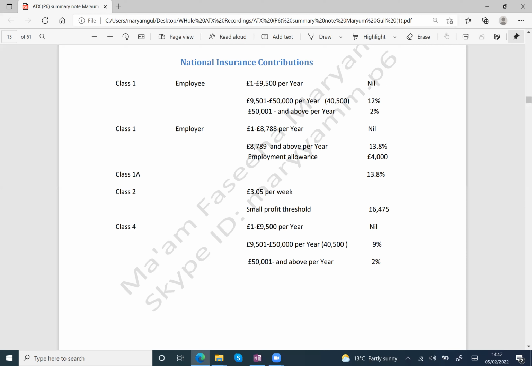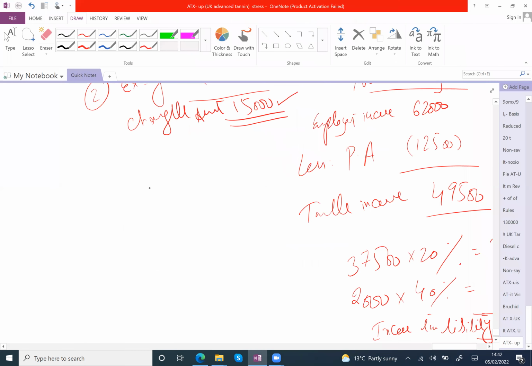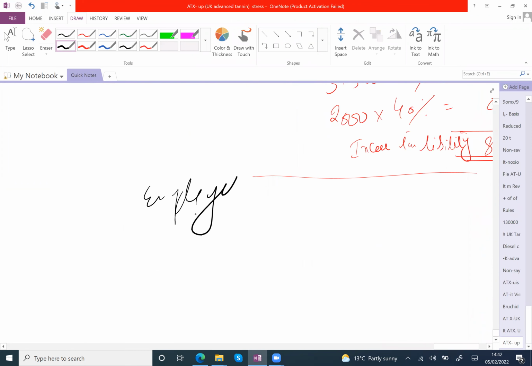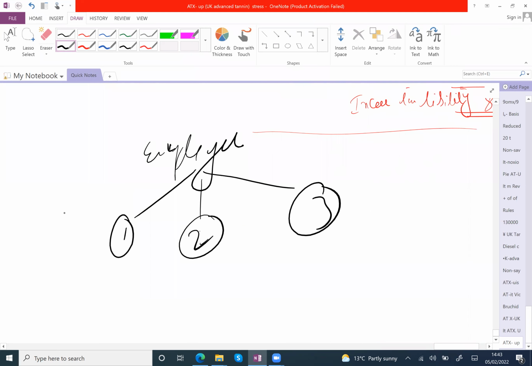And this 4,000 the employer will get on all employees together, not on separate employees. Only one time he will get it on all the employees together. For example, the employer has many employees in the company, employee 1, employee 2, employee 3, and he is giving cash benefits to all: salary, bonus, excess mileage allowance.